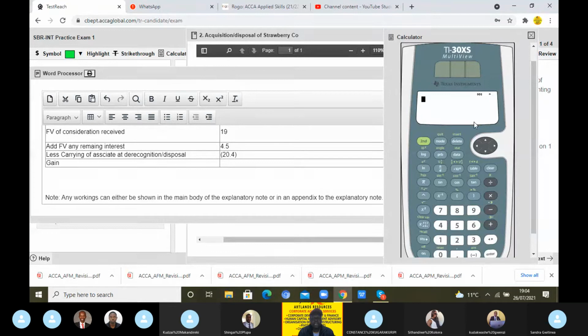So you're saying 19 plus 4.5 minus 20.4, then I press enter. So the gain is 3.1. I put a gain of 3.1 here. So this is the gain on disposal.